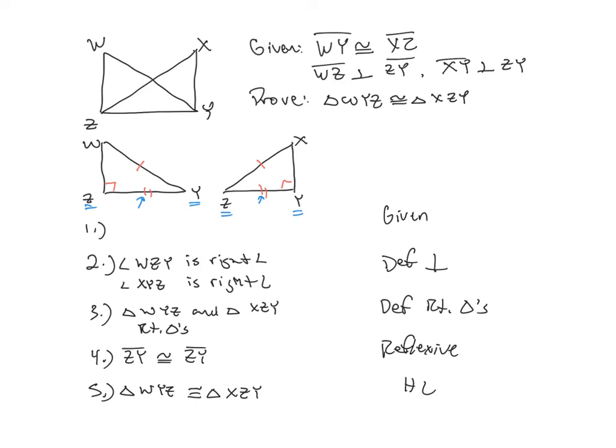So the one thing that you'll want to keep in mind when you see perpendicular, the first thing you're going to write is that they are right angles, no matter what. Then you have to try to determine, am I going to use hypotenuse leg with the right angle, or am I going to use side angle side, or something with the angle? Little hint, today's section has hypotenuse leg in it, so that's probably what you're going to do.